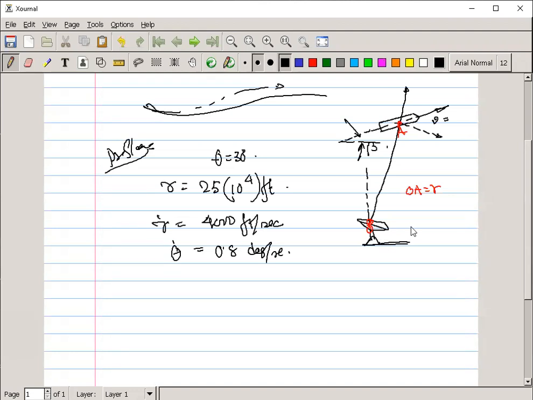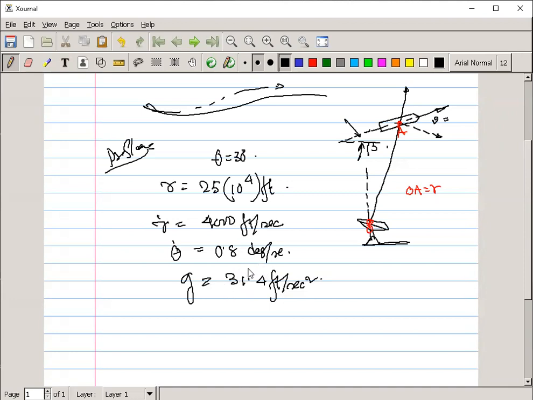One thing is also given, that the acceleration of the rocket is due only to the gravitational acceleration, and its magnitude is 31 feet per second square. So we can write that gravitational g is 31.4 feet per second square. So these data are already given.